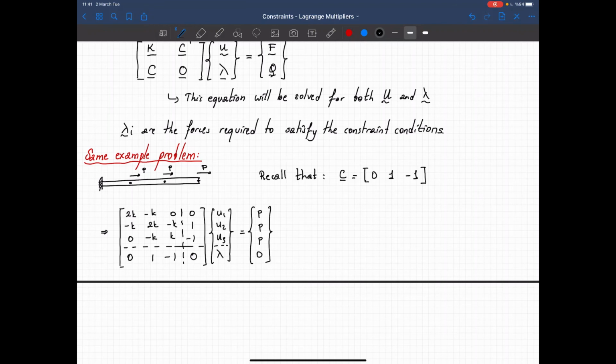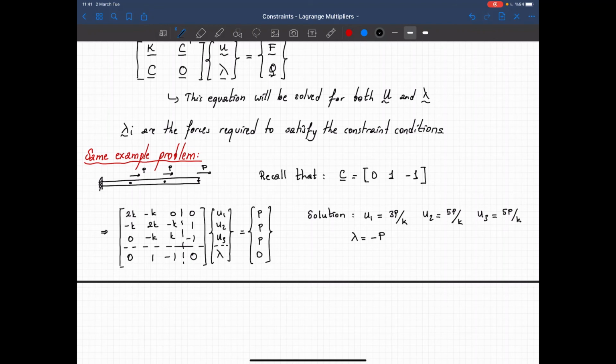And when you solve the system of equations here, we obtain the solution as U1 is equal to 3P over K, U2 is equal to 5P over K, and U3 as expected is equal to 5P over K. And when you solve for lambda here, lambda is equal to minus P. That's the solution.